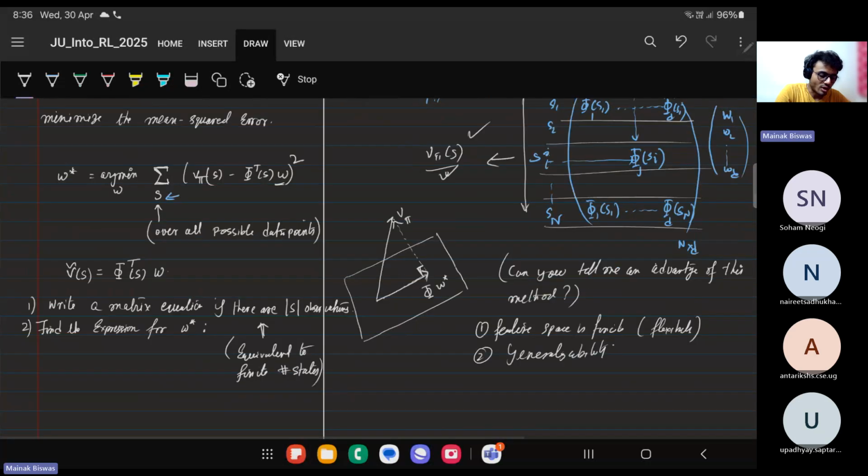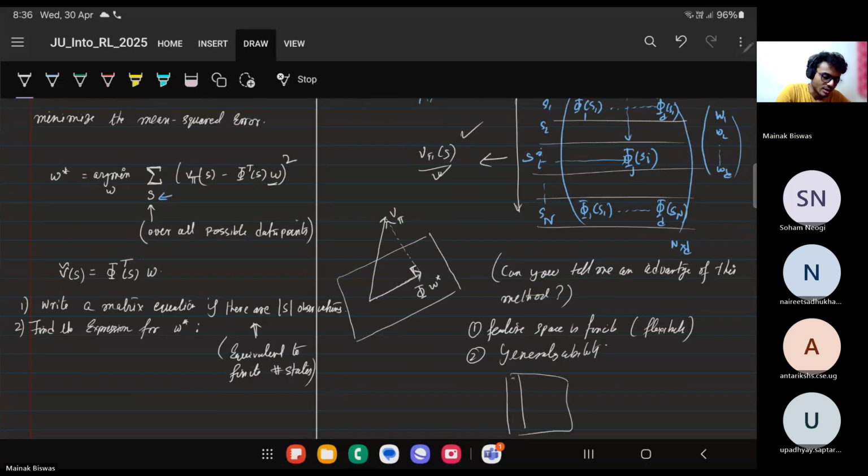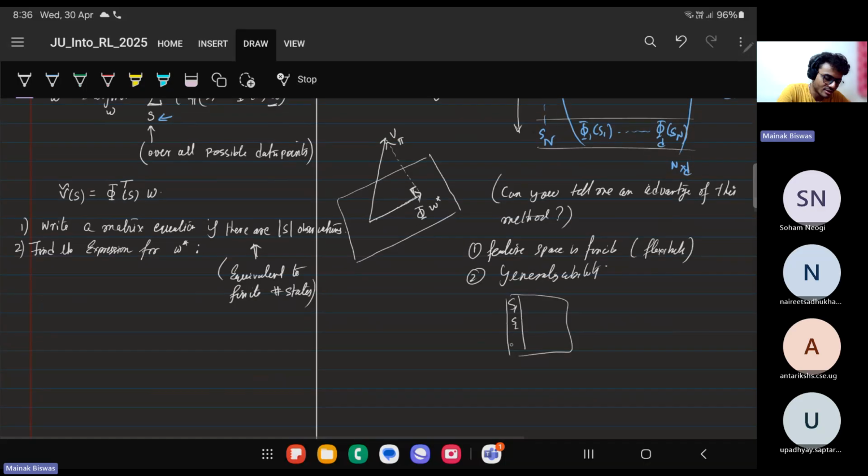Isn't it? So for a tabular matrix, S1, S2, Sn, if you had tabular data and Sn plus 1 is a new state, you are going to fail because this is a question mark in the table. Yes or no? Do you agree? Not known at all.